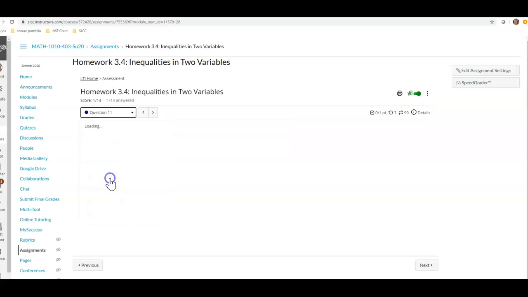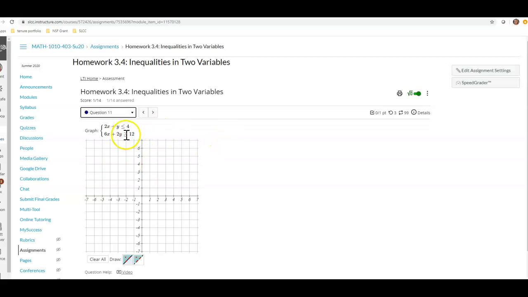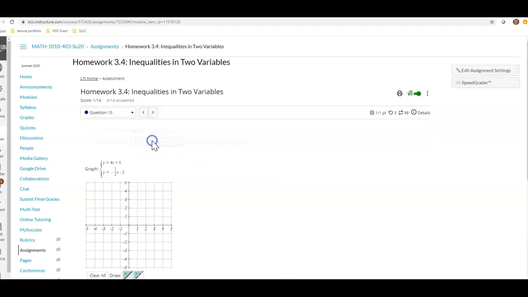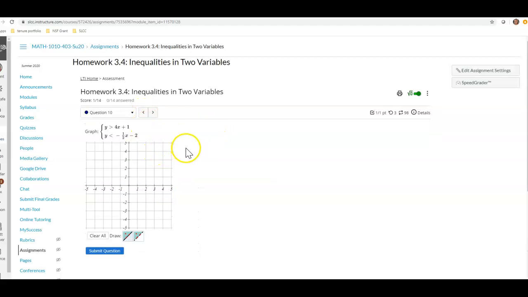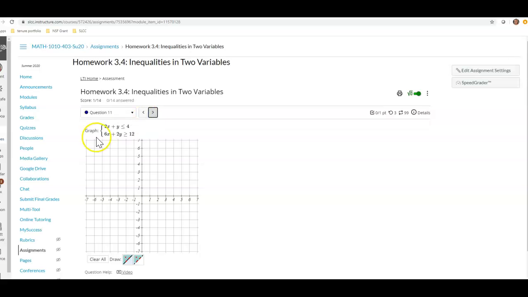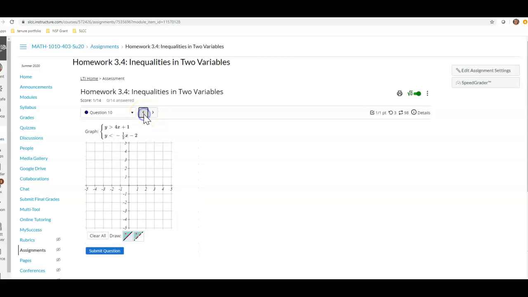So if you had something like this, actually, you know what? I'm going to go back to this one and try a similar one here, just because these are already set up in y equals mx plus b form. On number 11, you have to go and put these into y equals mx plus b form first, which isn't too bad, but this will be a little bit easier to show you quicker.